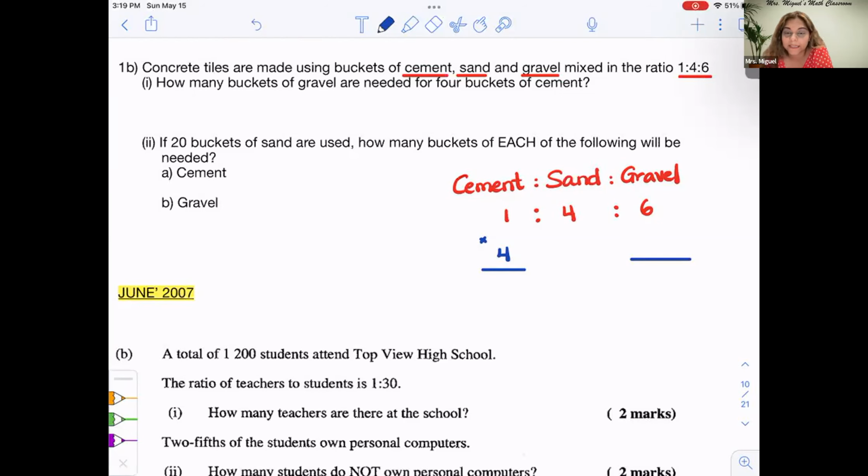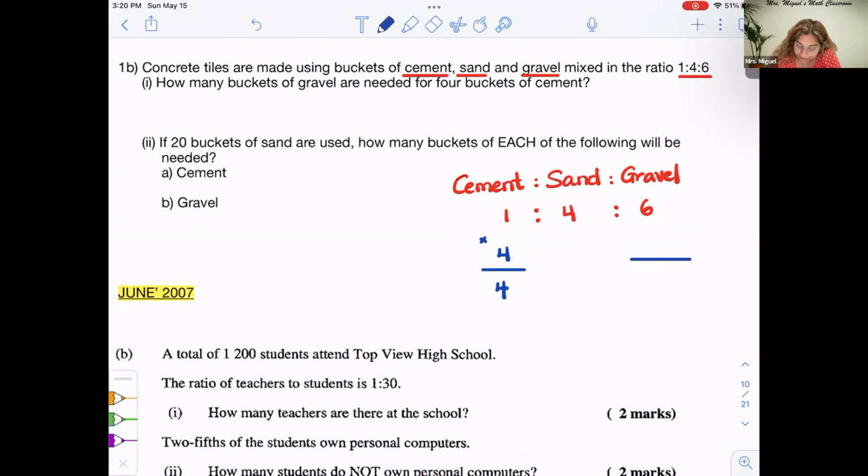All right, who would want to give me how many buckets of gravel I need? For 4 buckets of cement, how many buckets of gravel do I need? All right, how much did I multiply the number 1 by? 4.